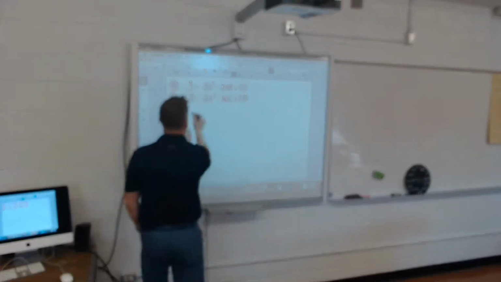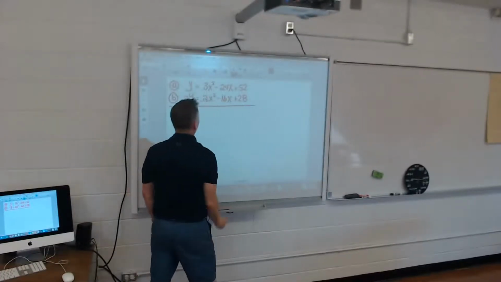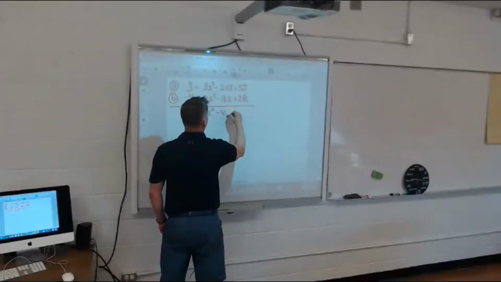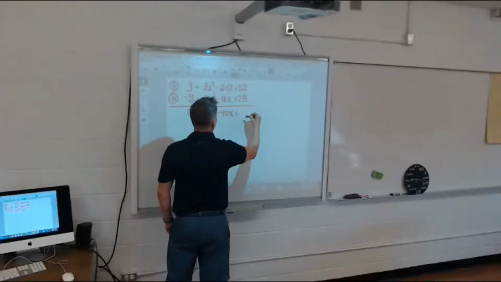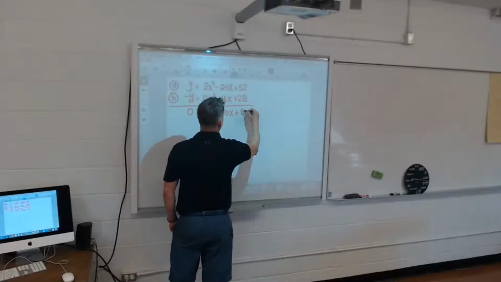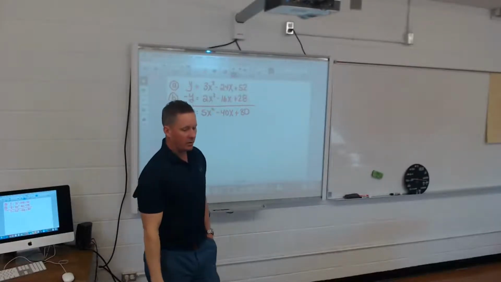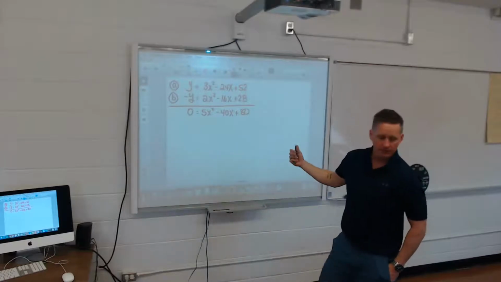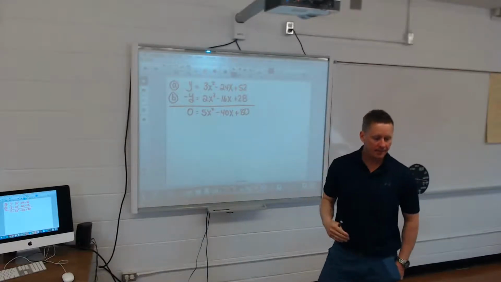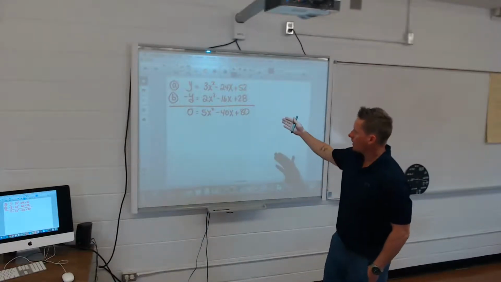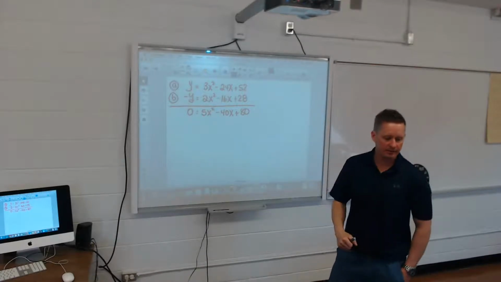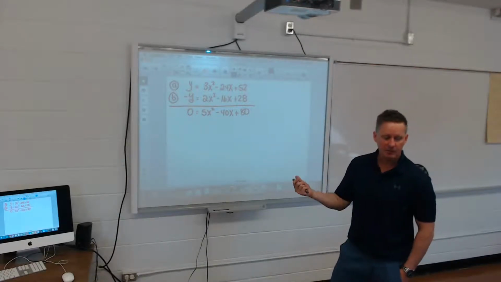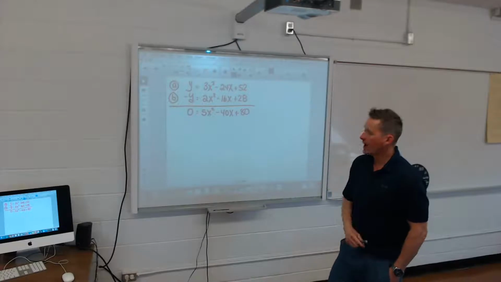So now at this point, I can add them: minus 40x plus 80. So just by arranging them differently, getting them lined up nicely, I have a quick and easy way of getting this right into my factoring. Now, because I'm solving, I can simply divide by 5.